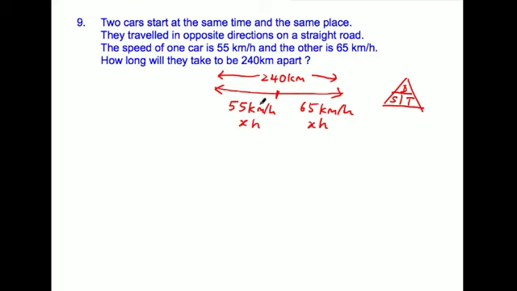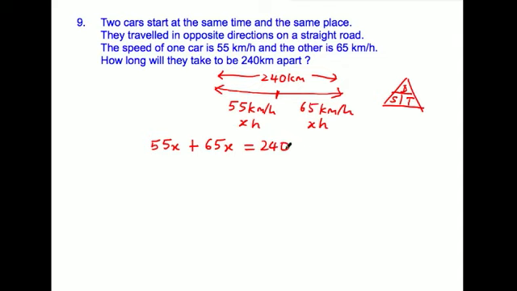Thus, the distance of this car is speed 55 times time x, and the distance of this car is the speed 65 times the time x, and both distances add up to 240.